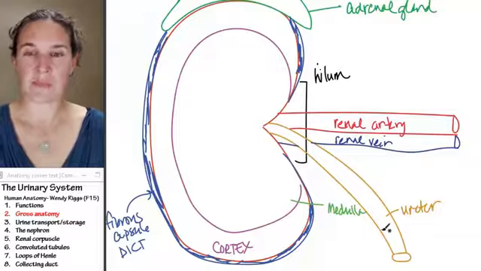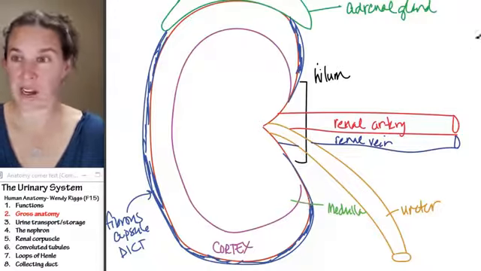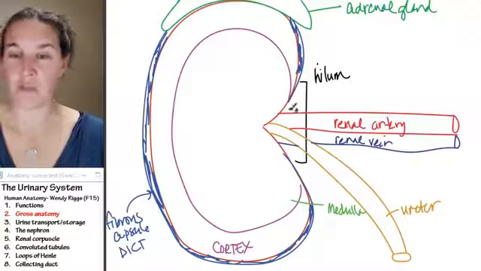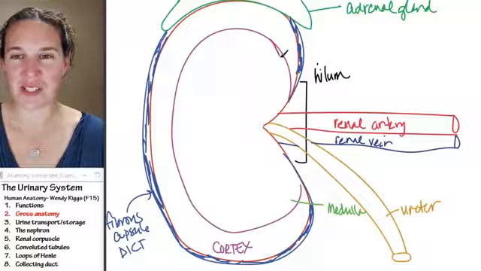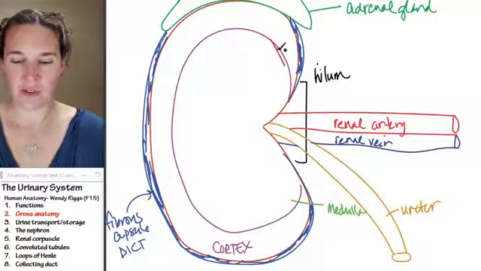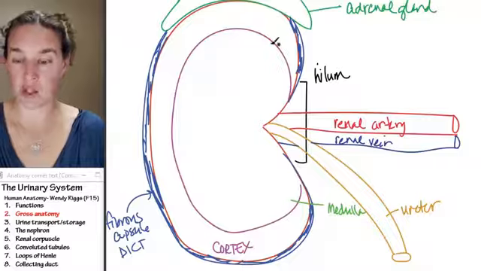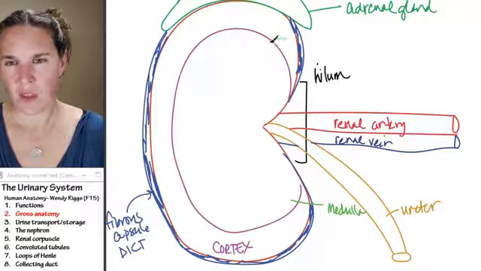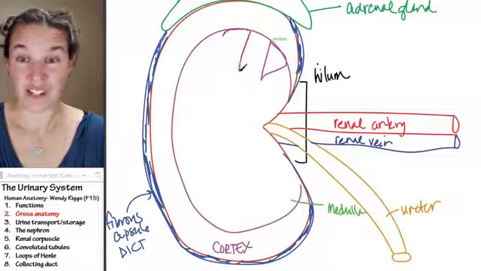Now, the medulla has some significant anatomical structures, and so I'm going to draw them for you. What? Can you imagine me doing such a thing? Okay, first of all, what you have to know is that my drawing is, of course, very diagrammatic. There are structures. What do these look like?